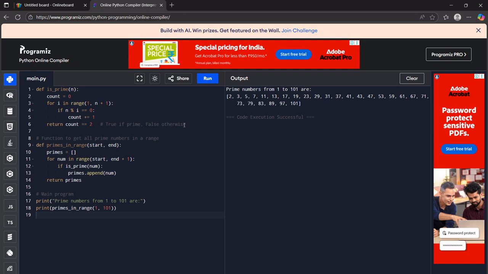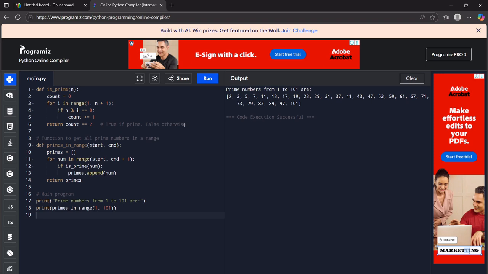Basically, what we are doing here is counting, using a count variable, which will tell us how many numbers in the range 1 to n plus 1 divide the number.